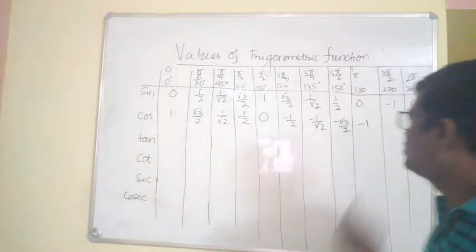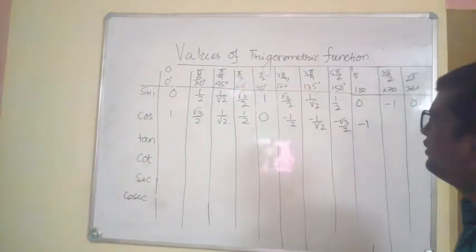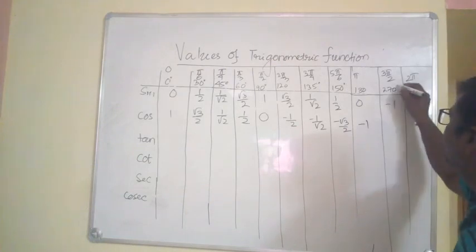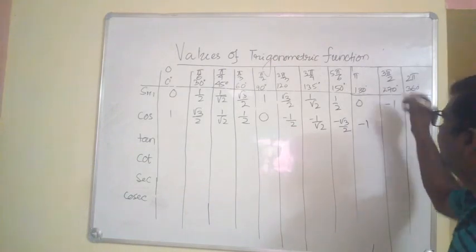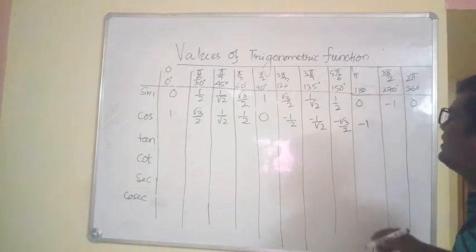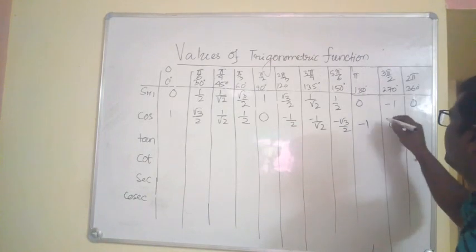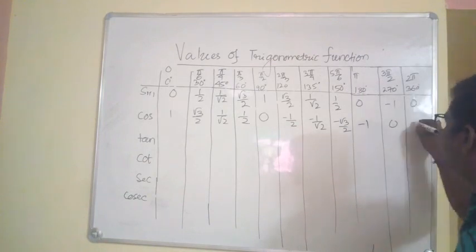Then what is cos 3 pi by 2? Means cos 270 degree, that is 0, cos 360 degree, that is 1.